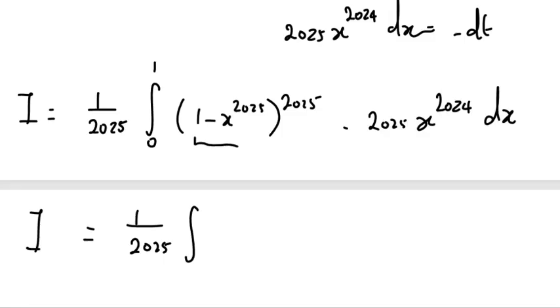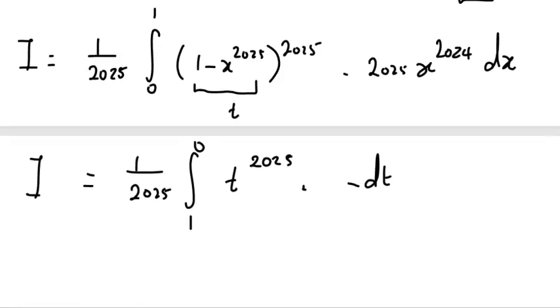Remember that 1 minus x to the power of 2025 is equal to t. If x approaches 1, we get 1 to the power of 2025 is 1, and 1 minus 1 gives us 0. If x approaches 0, we get 0 to the power of 2025 is 0, and 1 minus 0 gives us 1. And then this is going to be t raised to the power of 2025, and 2025x raised to the power of 2024 dx is equal to negative dt.